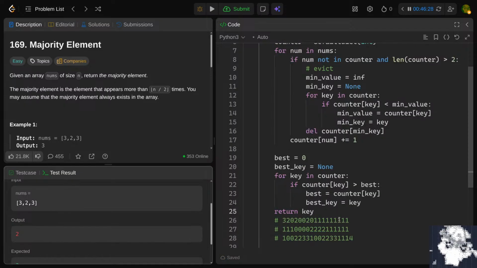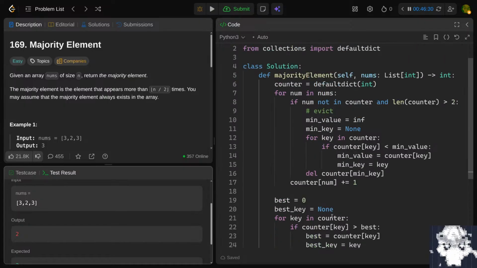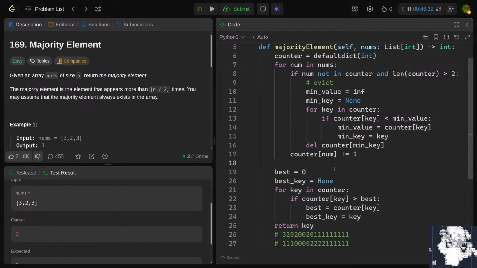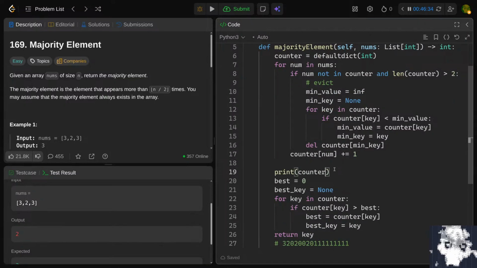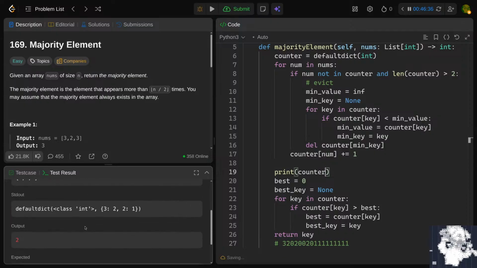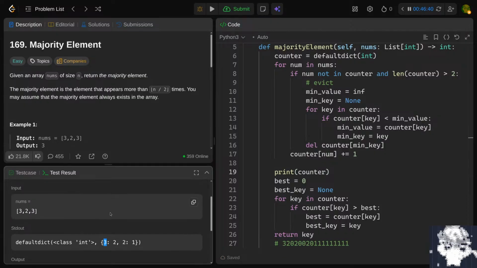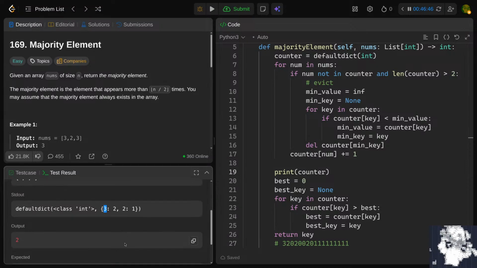So why don't you print the counter? There's 2 3s and there's 1 2. And then we're outputting 2 for some reason.